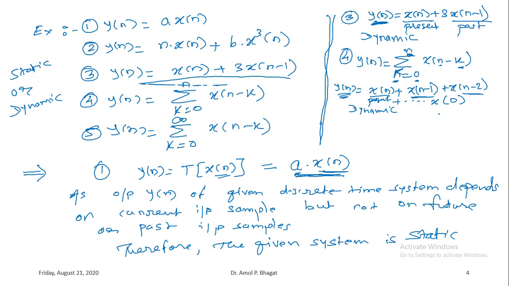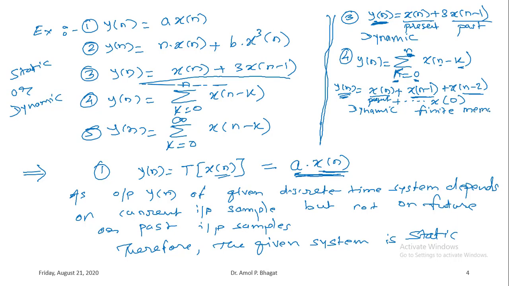So in this case, if you observe, you have to store multiple samples. But the limit is finite in this case, because k is varying from 0 to the current time instance. So therefore it requires finite memory.